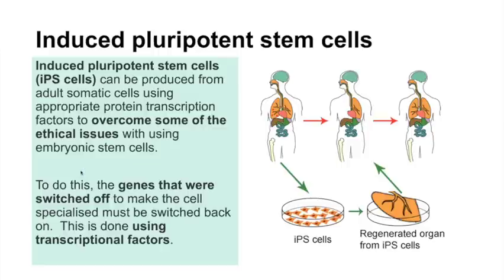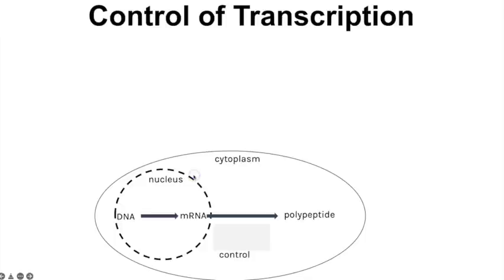So what you would do is take a sample of the adult cells, which we can see here, a sample from the liver, and if you switch the genes off that made those cells specialized, then you can turn those cells back into their pluripotent state. So this links to the theory of transcription factors.